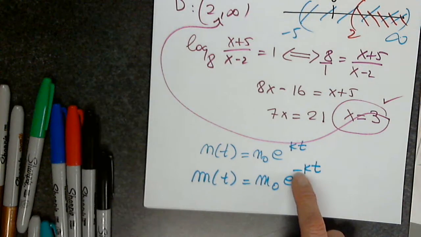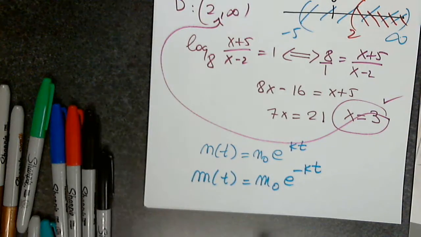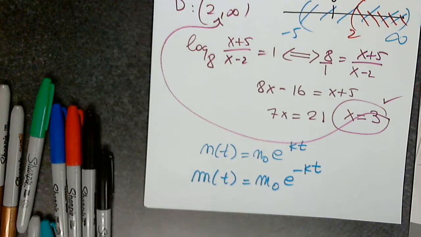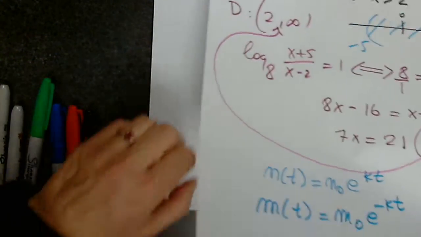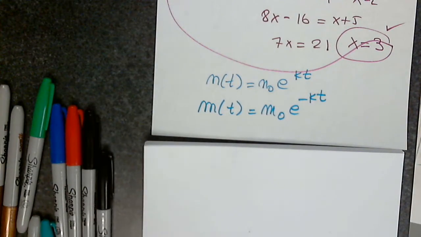Because this negative power brings 1 over e to kt. That's why this is decreasing and this is increasing. But the formulas are the same otherwise. Which one am I going to use? Yes, for populations, we use the first one.